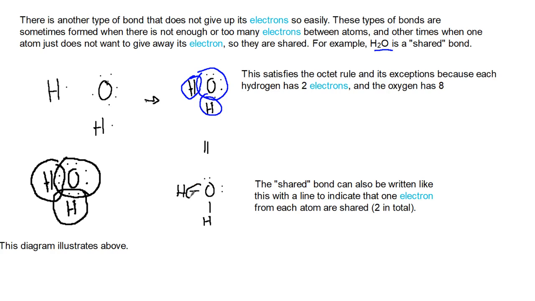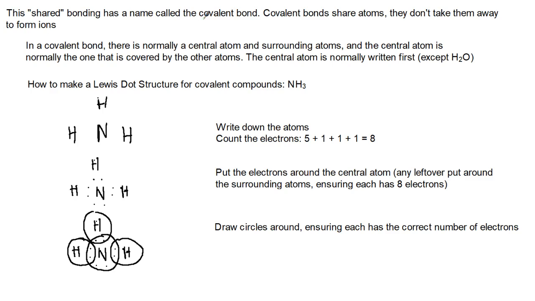You use lines. I'm going to highlight it with a different color. I'm going to use a line for every 2 electrons that they share, and that's called a bond, right? A covalent bond. Covalent bonds share electrons. They don't take them away to form ions, so they're actually connected together.